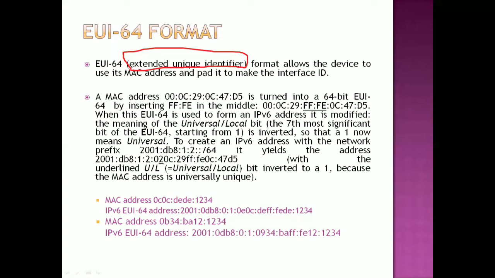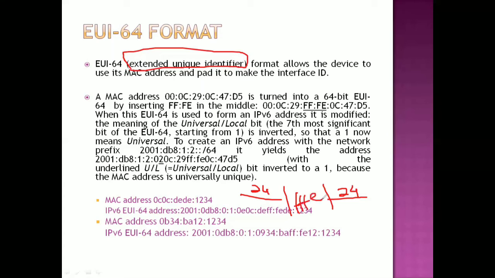You know that the MAC address is 48 bits long. So you have to make two parts of it, of 24 bits and 24 bits. And in the middle of these two parts of the MAC address, you have to place FFFE.